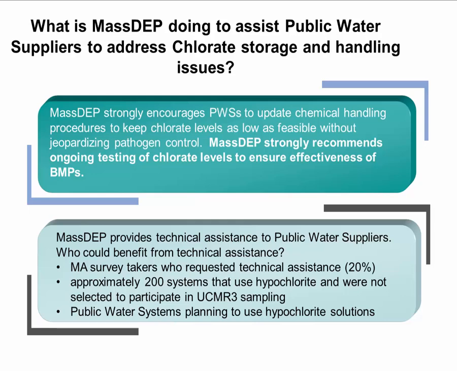MassDEP provides technical assistance to public water systems with a priority for the 20% who indicated a need for technical assistance, and the 209 systems not selected to participate in the UCMR3 sampling to further identify and share best management practices for chlorate mitigation.